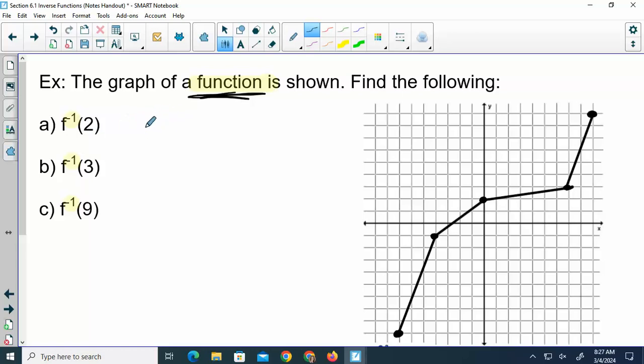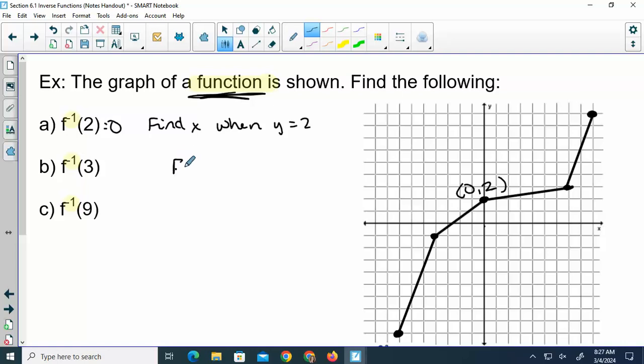Y. So it's asking us essentially to find x when our y is positive 2. So if I look, when my y is positive 2, what's my x? 0. Because this was the point 0, 2, so the y was 2, you're getting the x.